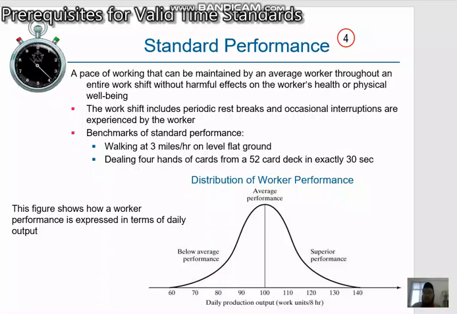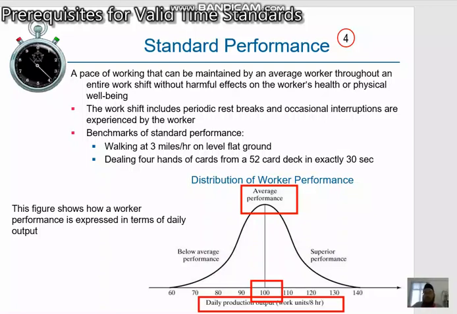So this figure shows how a worker's performance is expressed in terms of daily output. We can see here the daily production output for 8 hours. This figure shows that at average performance, the worker can produce 100 pieces per 8 hours.